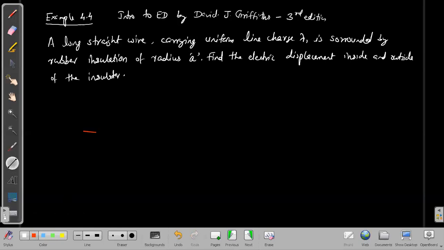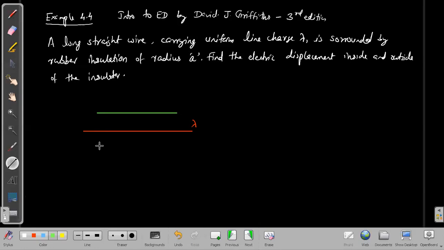So the problem is like this. We have a very long, uniformly charged wire, which has the charge density lambda. Now it is surrounded by some insulating cylinder.